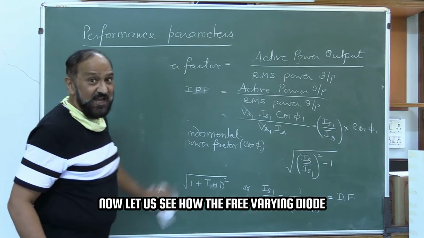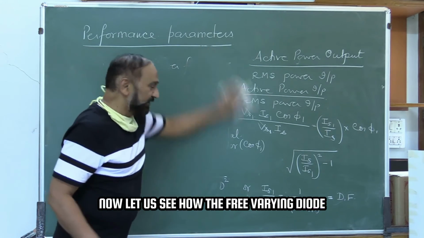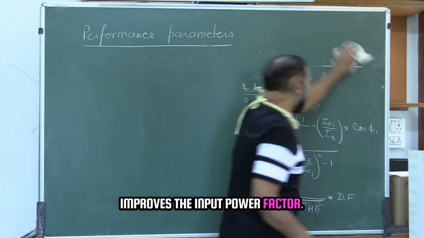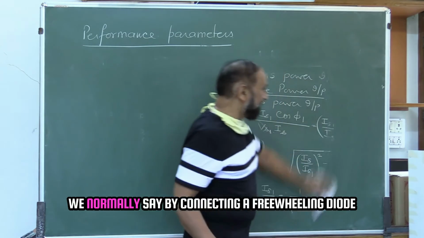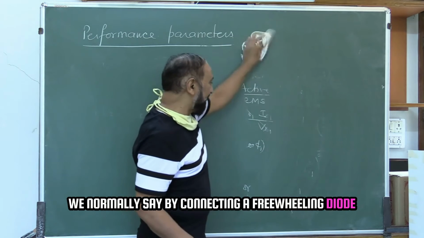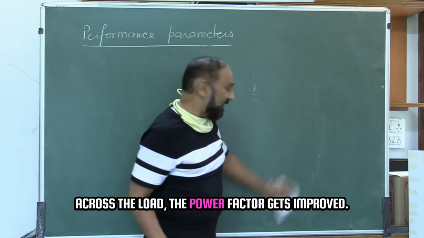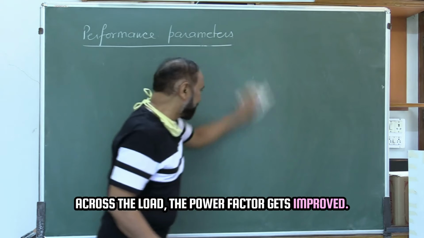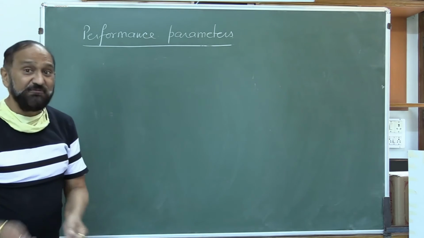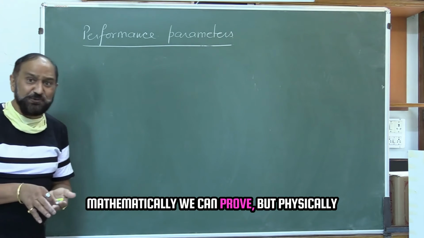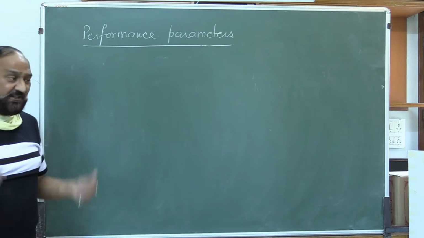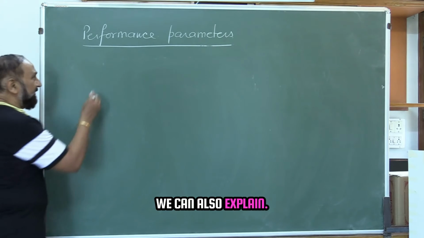Now let us see how the freewheeling diode improves the input power factor. We normally say that by connecting a freewheeling diode across the load, the power factor gets improved. Mathematically we can prove it, but physically we can also explain.